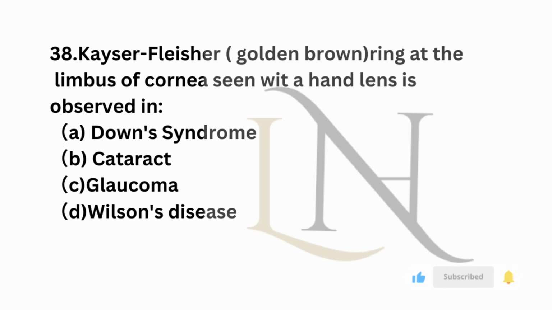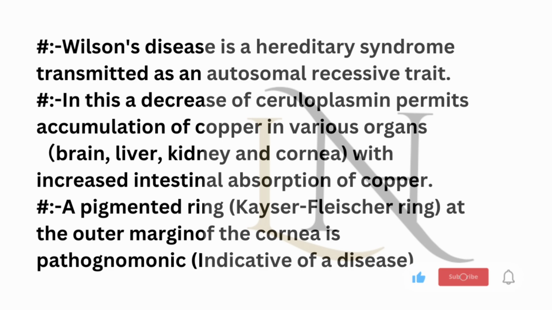Kayser-Fleischer ring, a golden brown ring at the limbus of the cornea seen with a hand lens, is observed in: option A, Down syndrome. Option B, cataract. Option C, glaucoma. Option D, Wilson's disease. Correct answer: option D, Wilson's disease. Wilson's disease is a hereditary syndrome transmitted as an autosomal recessive trait.